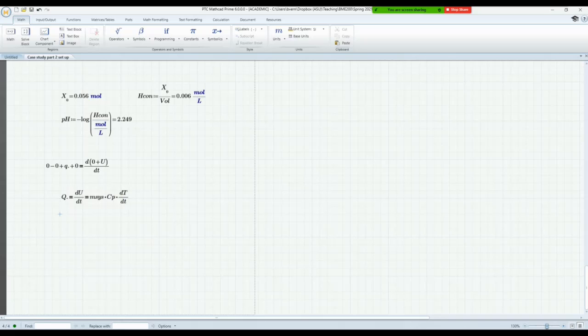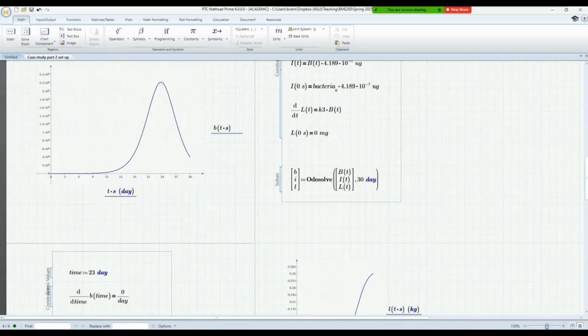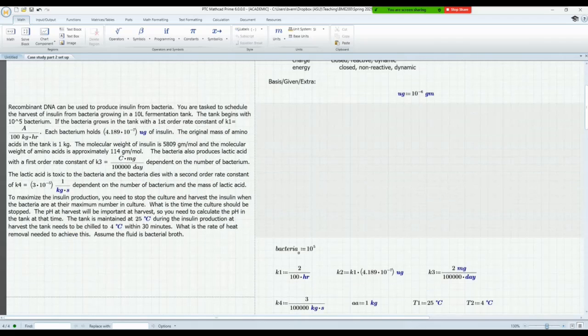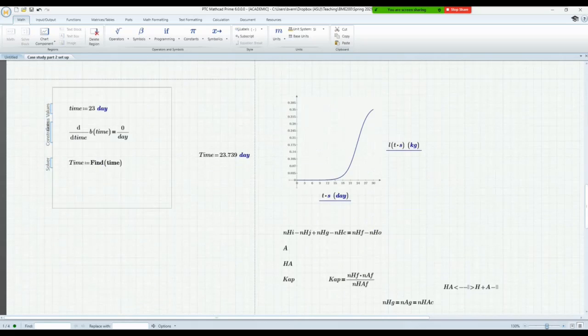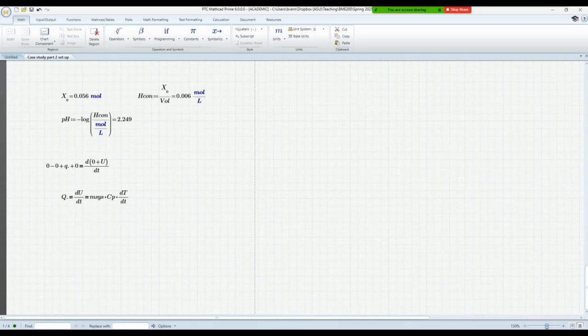So in this case, the dT is going to be here. If we're going from 25 degrees C to 4 degrees C over 30 minutes, we can sub in for dT, which is basically T1 minus T2, and the dt here is 30 minutes.